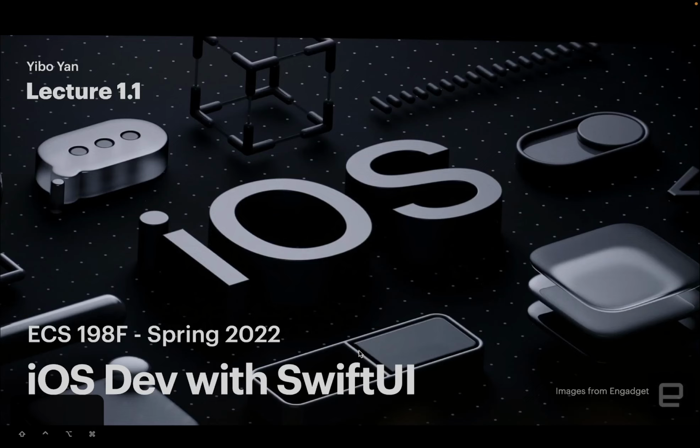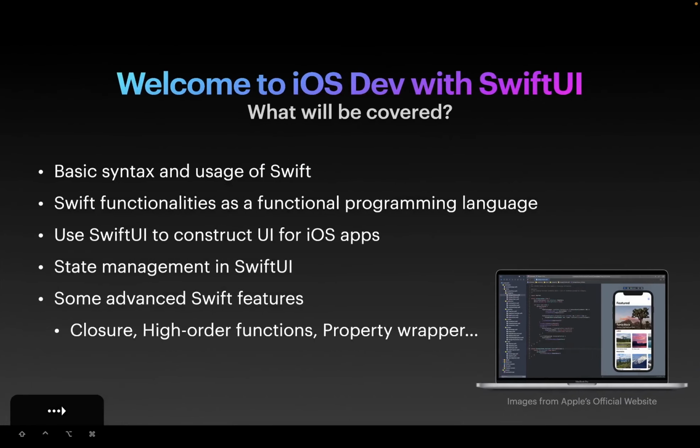This is our section on SwiftUI. Let's first talk about what topics we're going to cover in this lecture. First of all is the basic syntax and usage of Swift.